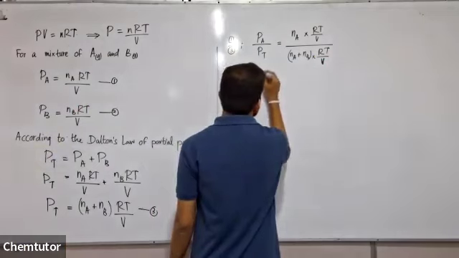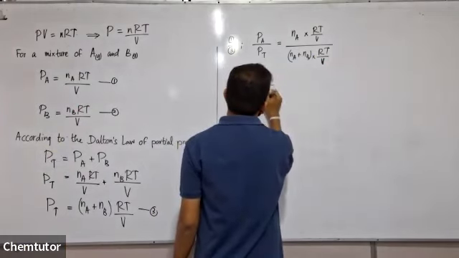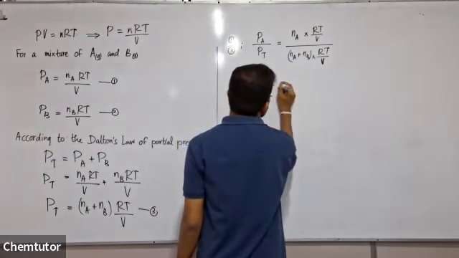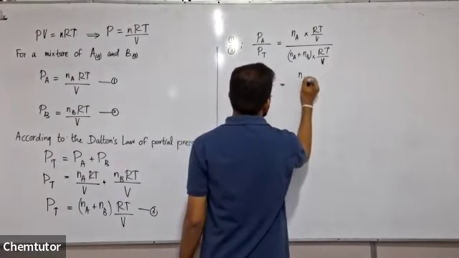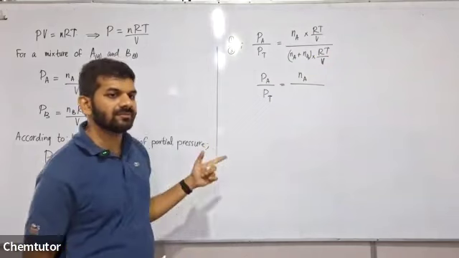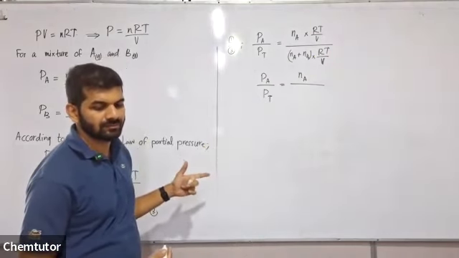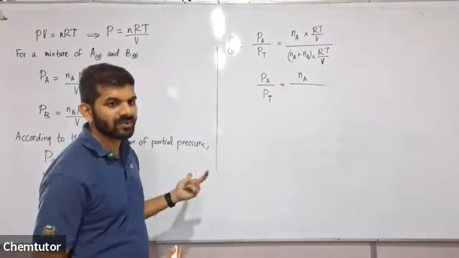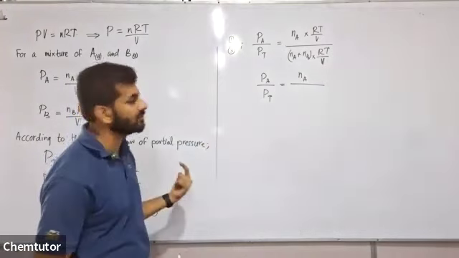So PA over PT equals Na divided by Na plus Nb, the total number of moles, because in this system we have A and B.